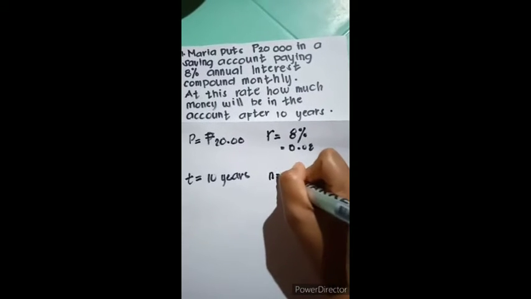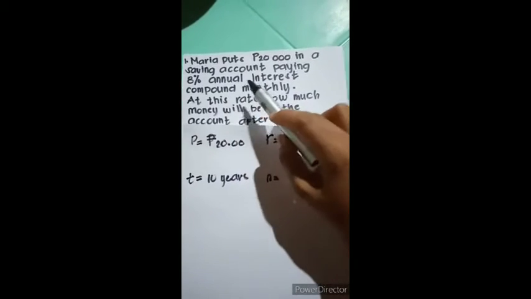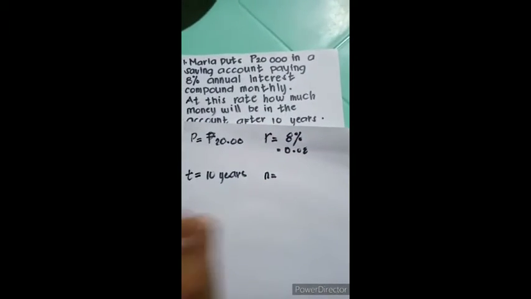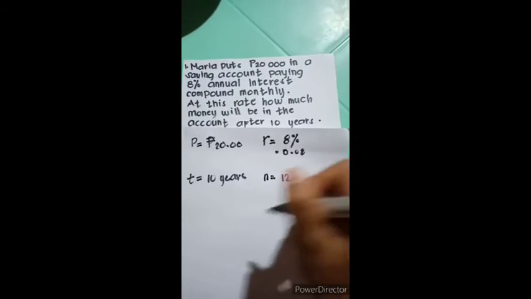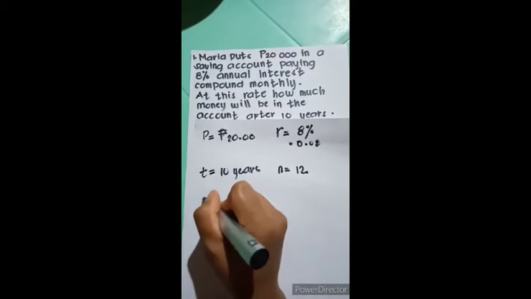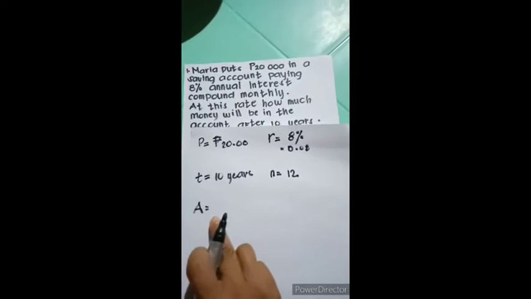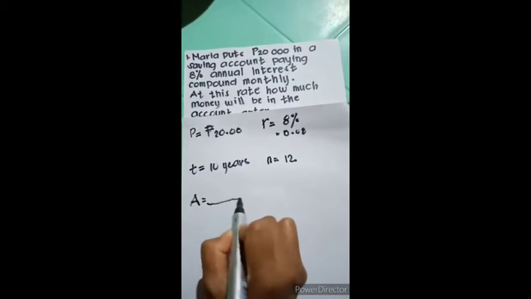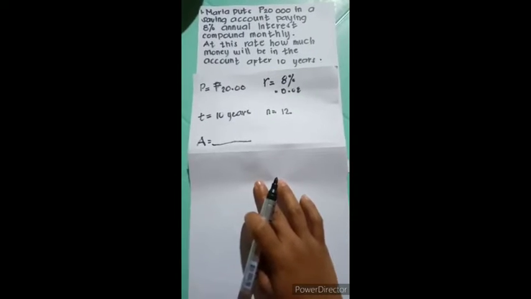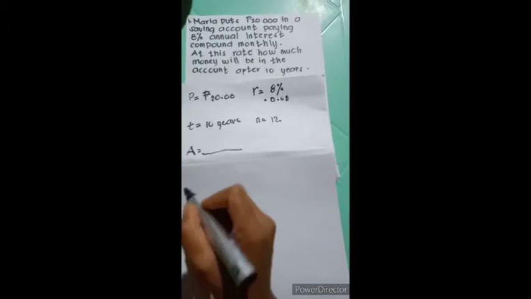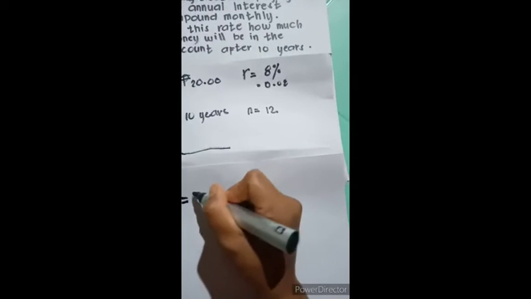N is the number of periods, so as you can see, compounded monthly, there are 12 months in a year, so N is 12. And then we're looking for the amount of money in the account after 10 years, so we're going to find the future value. So now we're going to use the formula of compound interest.